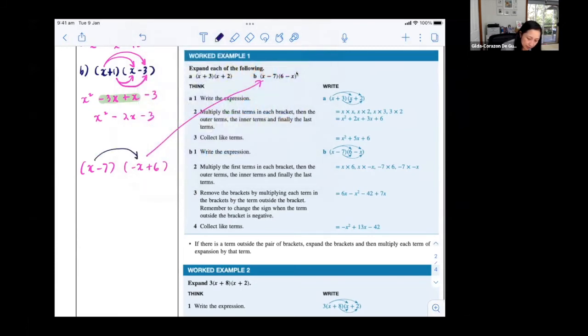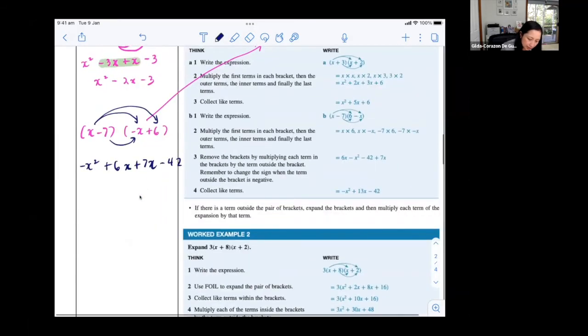First terms, that's negative x squared. Outer terms, you've got 6x. Inner terms, you've got negative 7 times negative x, you get positive 7x. Negative 7 times 6, you get minus 42. And therefore, we can combine these two. We end up with negative x squared plus 13x minus 42, which should be just the same as what we have here.